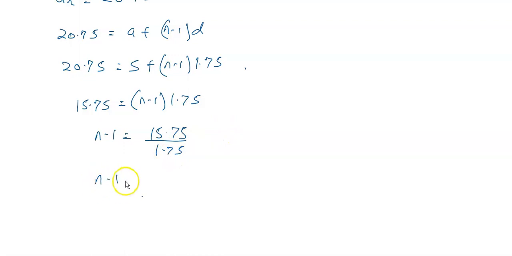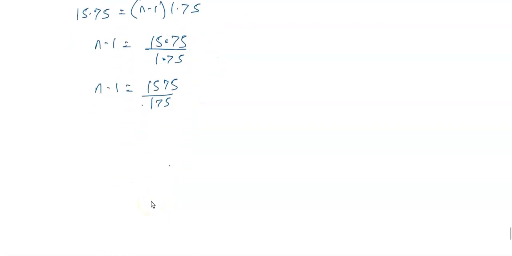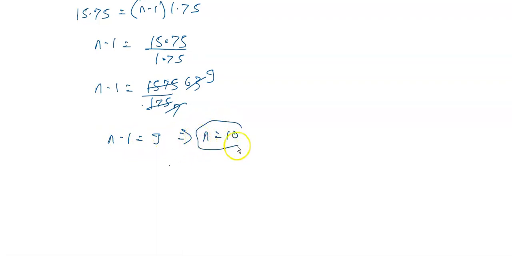So we get n minus 1 is equal to, this decimal goes off, and I think this is 1575 by 175. इसको simplify करेंगे तो we get 25 sevens are 25 6 are 150, carry a 7 3 7 9s are. So n minus 1 is equal to 9 implies n is equal to 10. So in the 10th week her saving will be 20.75. So that is the answer. Option D I think should be the correct answer.